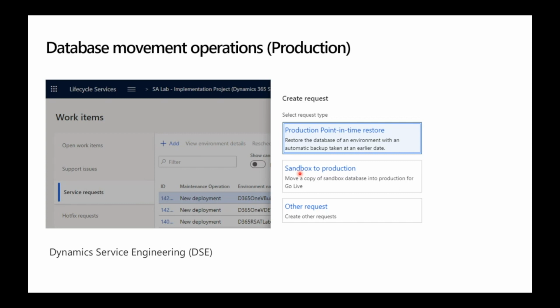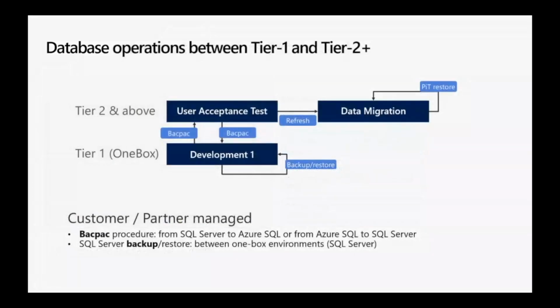So with that, we have covered everything which is not a tier 1. For making the picture complete, I just want to talk a little bit also about the tier 1. So for tier 2 and above, if you have two tier 2 environments, user acceptance and data migration, you could just refresh the data migration with data from the user acceptance test.